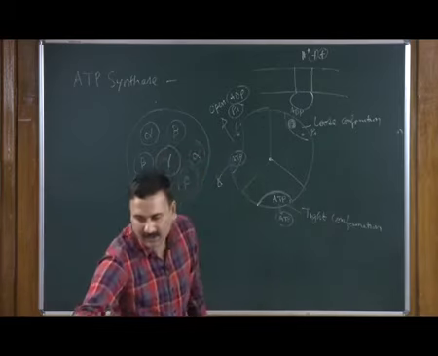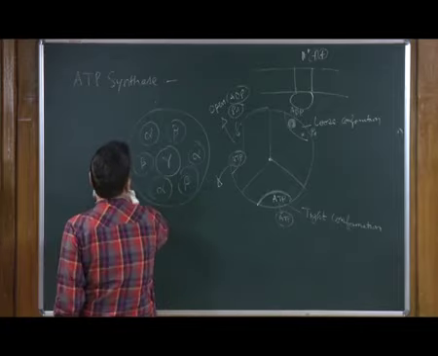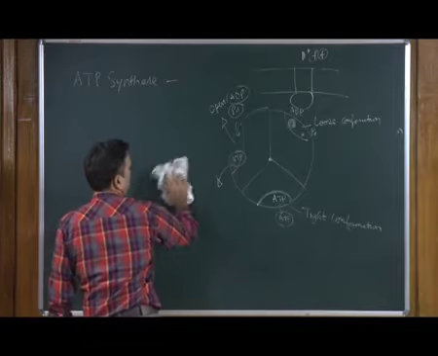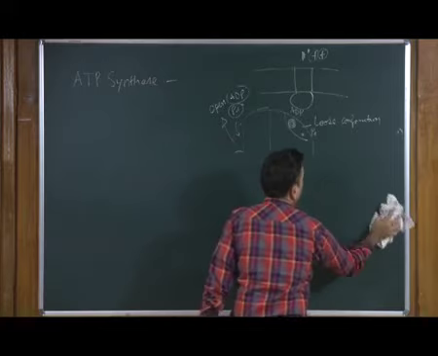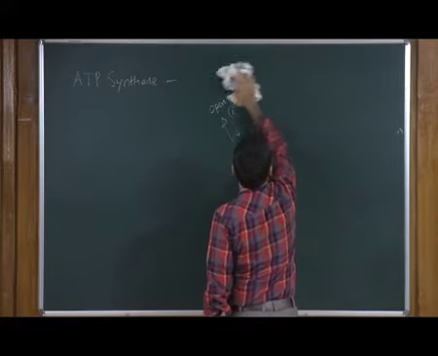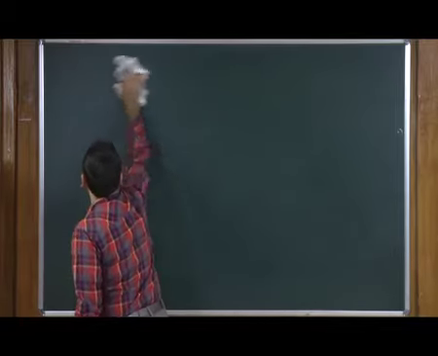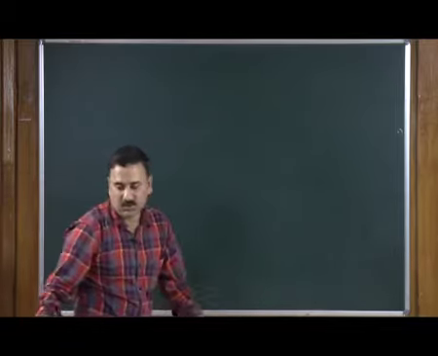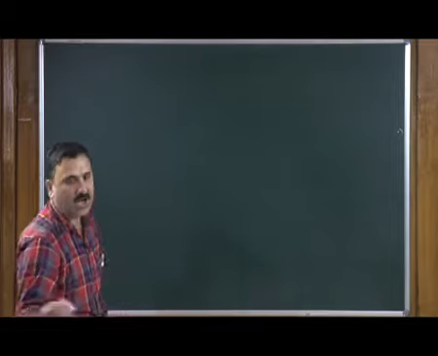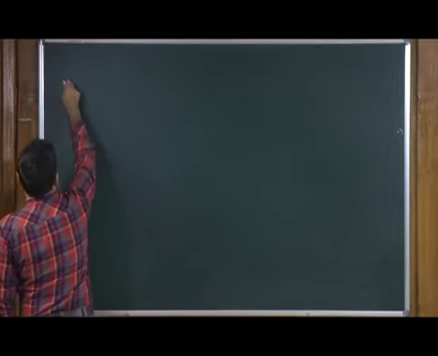So, with this we have discussed the light reactions, and what we have discussed is the production of 2 reducing equivalents, one is NADPH and the other one is ATP, and these 2 will now be used in the downstream dark reactions.